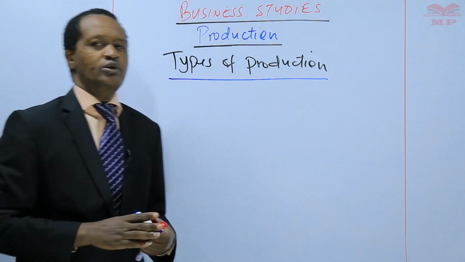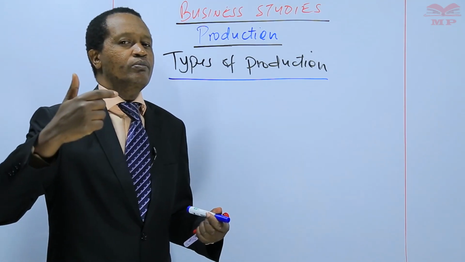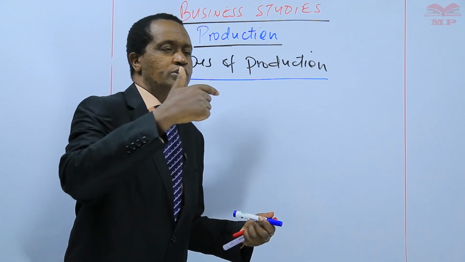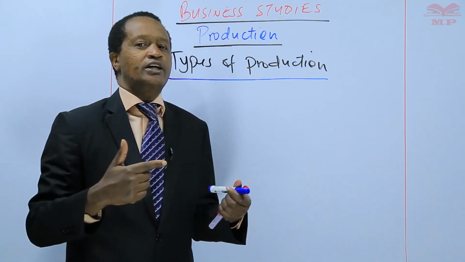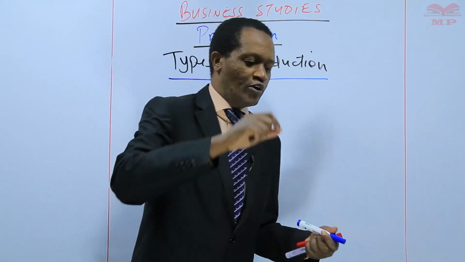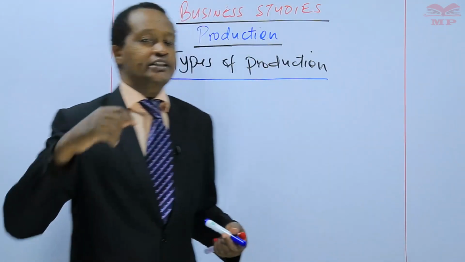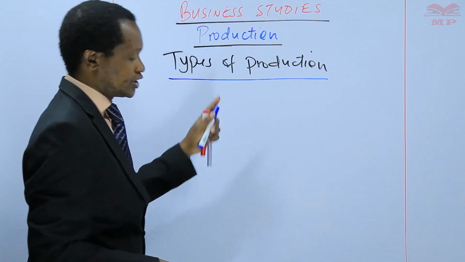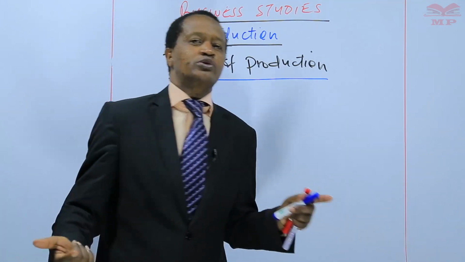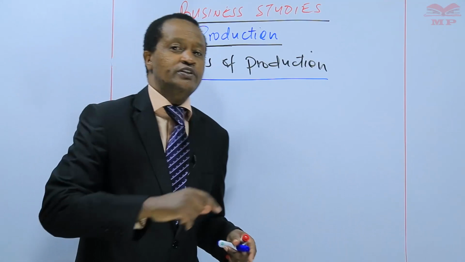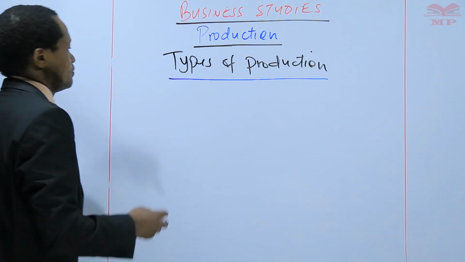Okay, learners, we may classify production processes into two types. And these types are based on the intention of creating the good or providing the services. The types of production are mainly classified based on the intention of creating the goods or provision of the services. And the two main types of production are direct production.